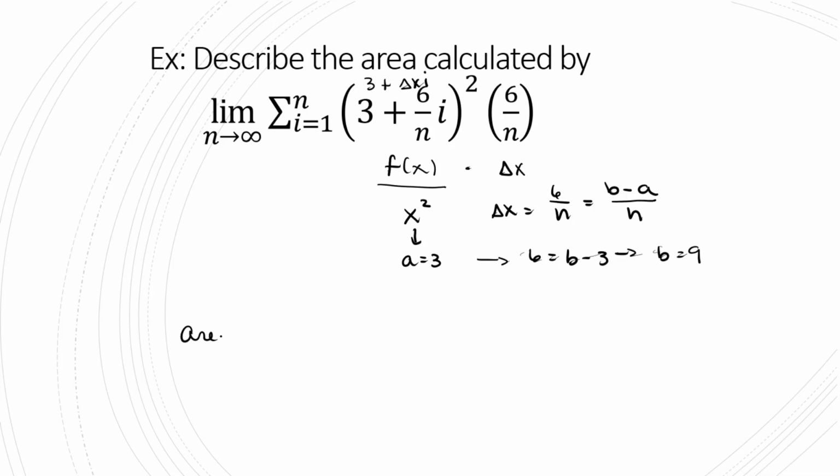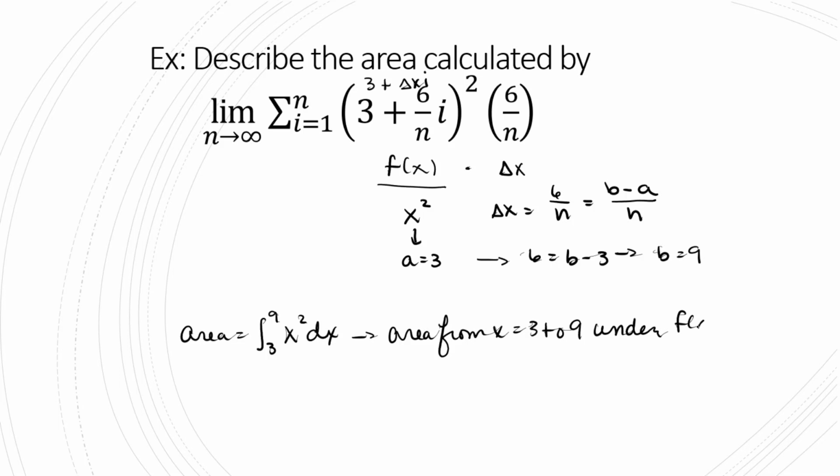So my area that I have found is actually the integral from 3 to 9 of x squared dx. So it is the area from x equals 3 to 9 under f of x equal x squared.